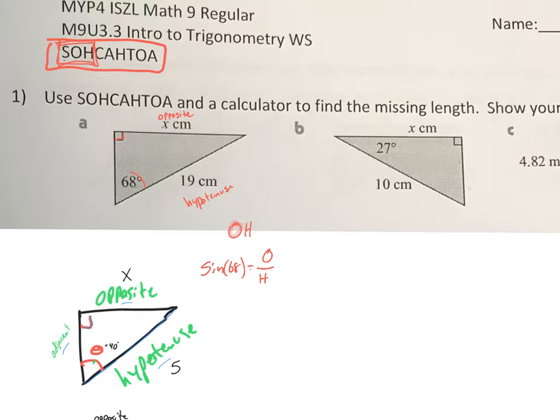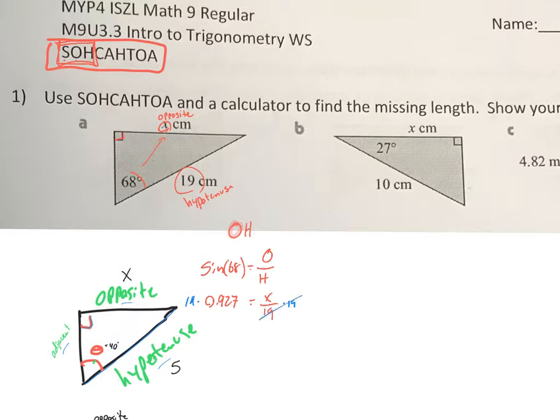Sine is just the decimal. So if you plug sine of 68 into your calculator, I got 0.927, which equals the opposite over the hypotenuse. I don't know the opposite. It's called x, so I'm going to put in x, but I do know the hypotenuse. It's 19. So let's multiply both sides by 19.